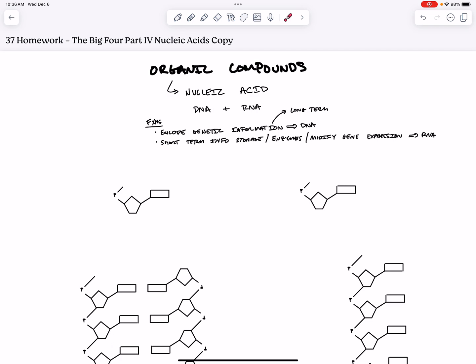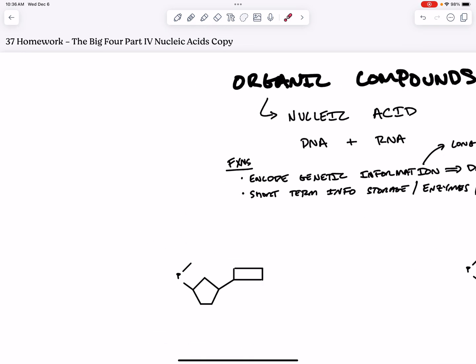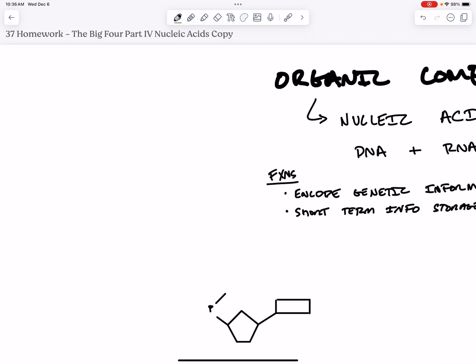A big flow of information called the central dogma of biology is this idea that information is stored long-term in the DNA, and then it is transcribed into RNA, and then the RNA is translated into protein.